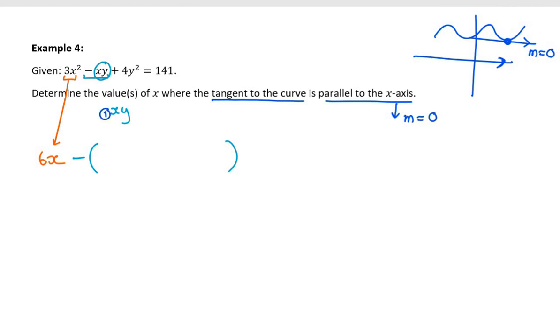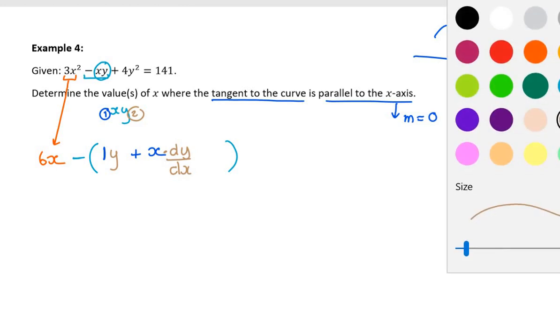So first function is x, second function is y, and the rule says that you differentiate the first function, which is 1, leave the second function, which is y, and then plus leave the first function, differentiate the second, which I would write as dy dx. But notice that bracket is absolutely essential because I'm subtracting the whole of that derivative.